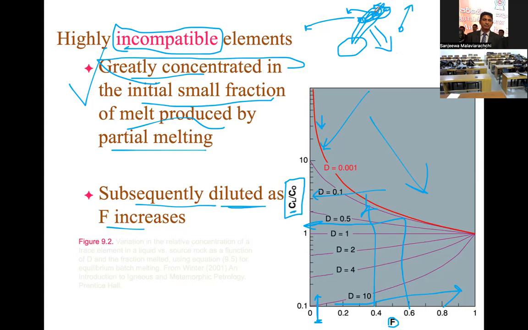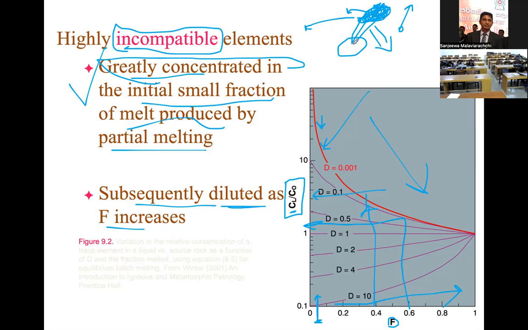Okay, so anyway, this is how we consider this melting. For our simplicity, for a given batch of melt, we consider that they contain some average amount of incompatible elements partitioned during this melting.